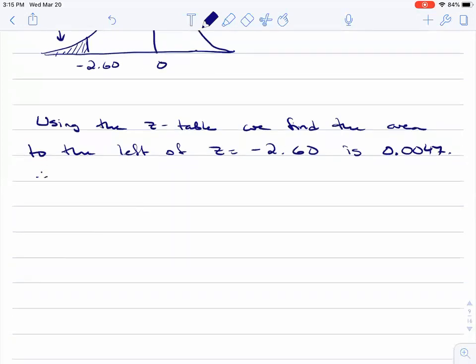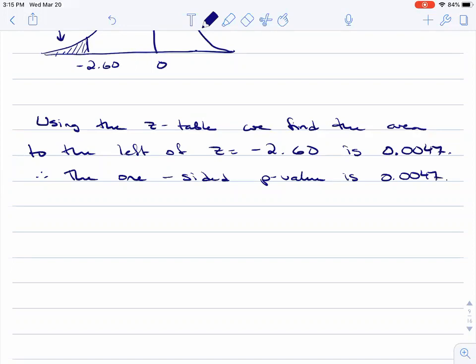Therefore, the one-sided p-value is 0.0047. If you had to find a two-sided p-value, you would just take this one, multiply it by 2, and that's your two-sided p-value.